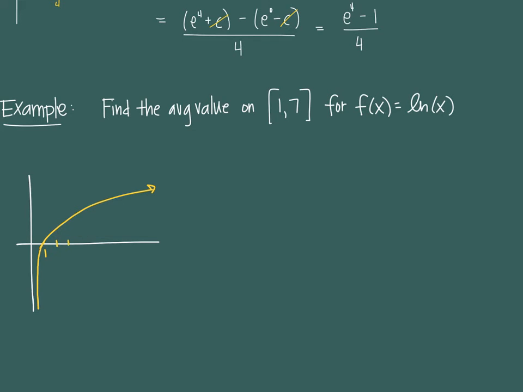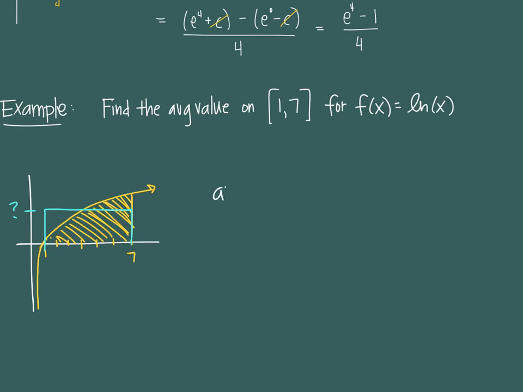So there's 1, 2, 3, 4, 5, 6, 7. And so we're looking visually for that area right there. So somewhere there is an average value, question mark, we don't know where it is, but at some point there is an average value where the rectangular height would be exactly equivalent to that.